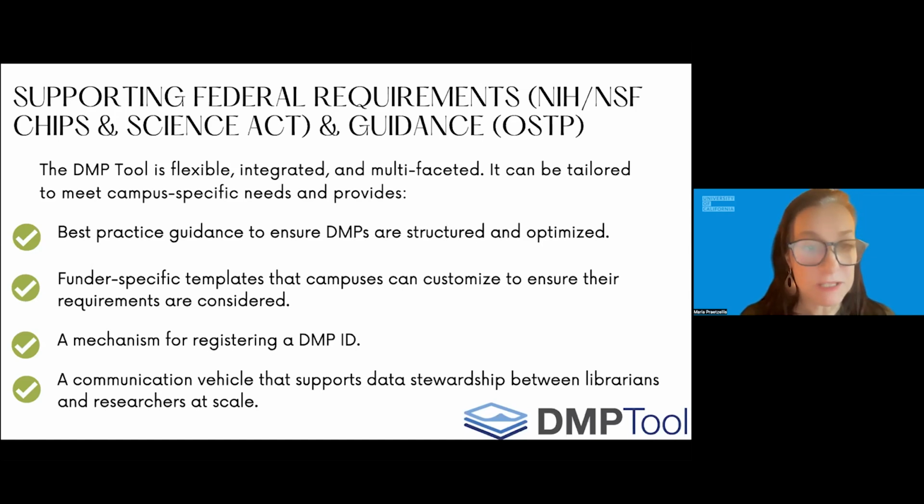We have funder-specific templates that campuses can customize, and I'll show you what that looks like. We have a mechanism for registering a DMP ID. Again, this is part of that machine actionable piece, so that we're using persistent identifiers that were mentioned before, so that we have a way to reference a DMP and update it over time and log those changes.